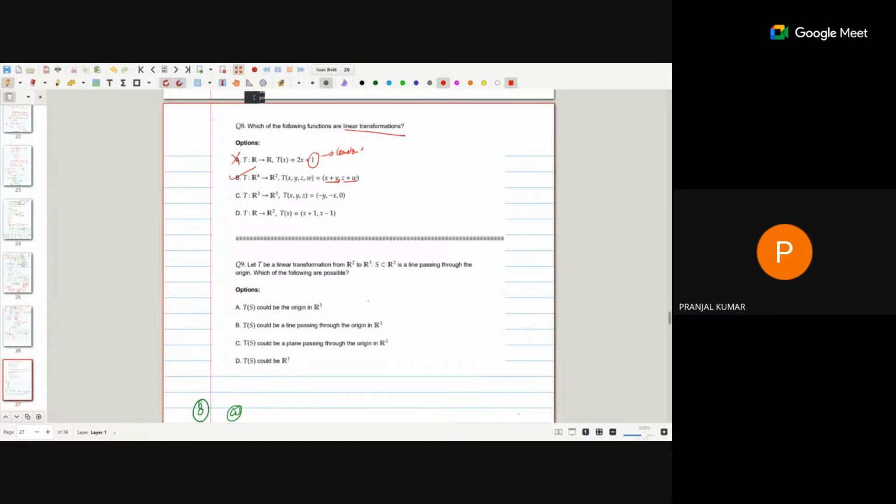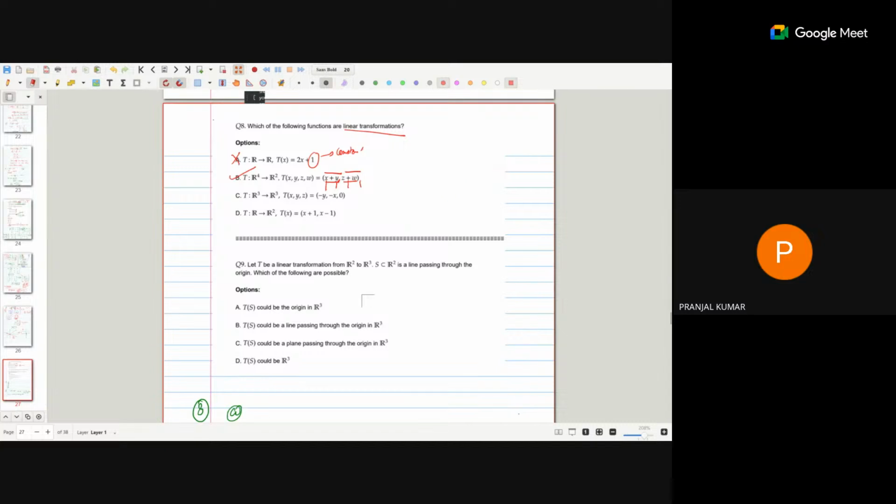But you can see that these are linear combinations of variables and no constant is there, and the degree of each variable is 1. If it was x square plus y, comma, z plus w, then also it would have been wrong because this is x square. So only degree 1 and no constant should be there.